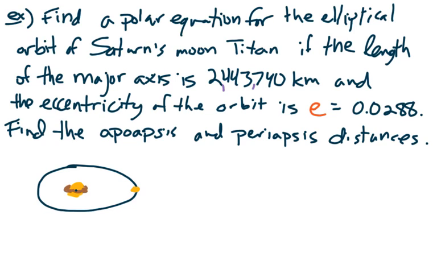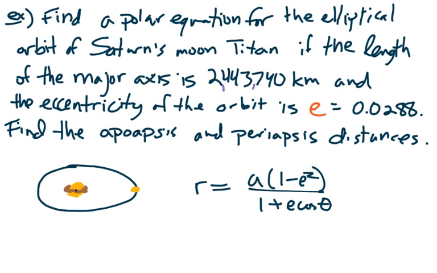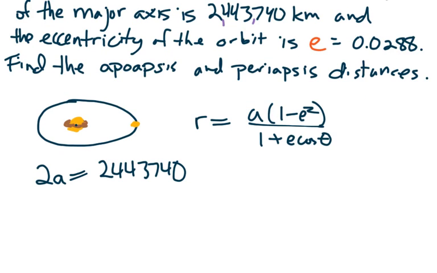So the polar equation: r equals a(1 - e²) over 1 + e cos θ. The major axis from here to here we said was 2a. So if we want a, all we have to do is divide the length of the major axis by 2. We're given e, so we just need to plug it in. If this is 2a, then a is 1,221,870 kilometers.